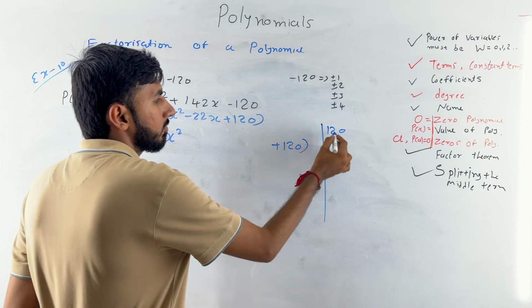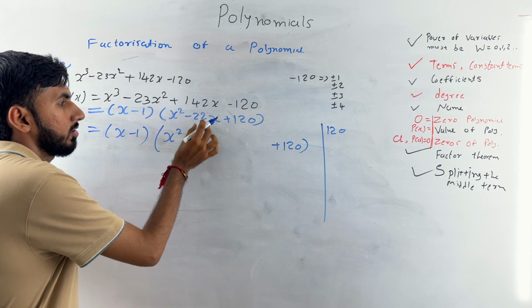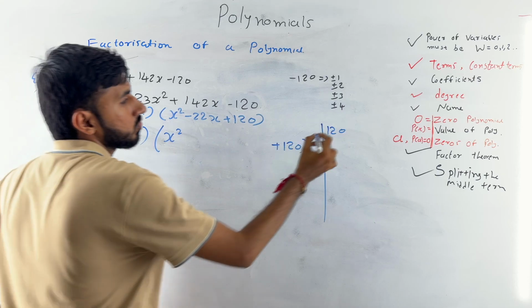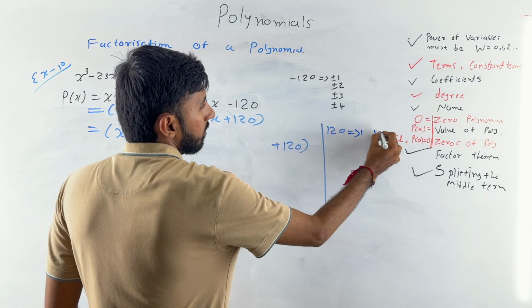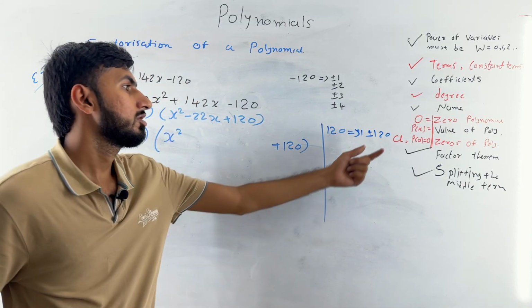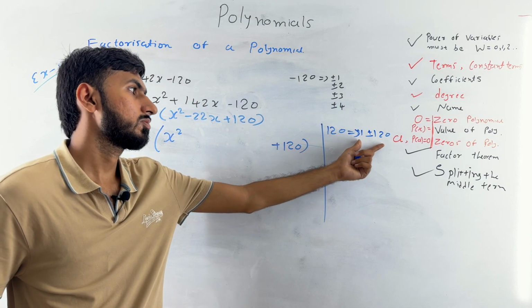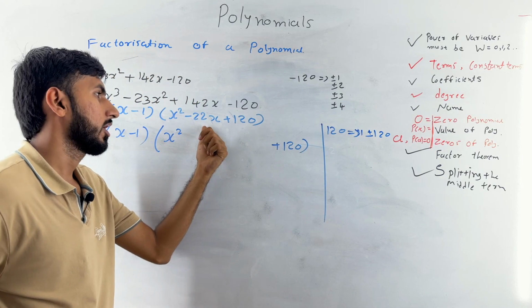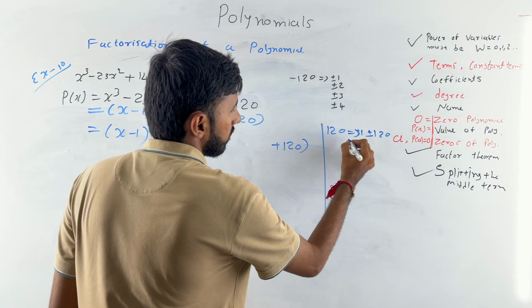Now factorize 120 such that the addition will be minus 22. So let me write 1 and 120, and minus 1 and minus 120. In any case, the addition of both will not come as minus 22, right? I have to find another.